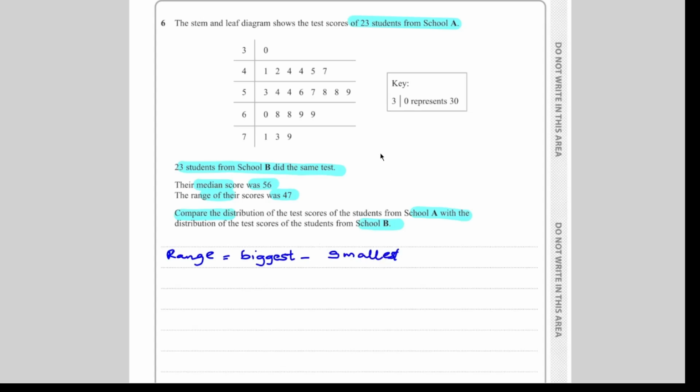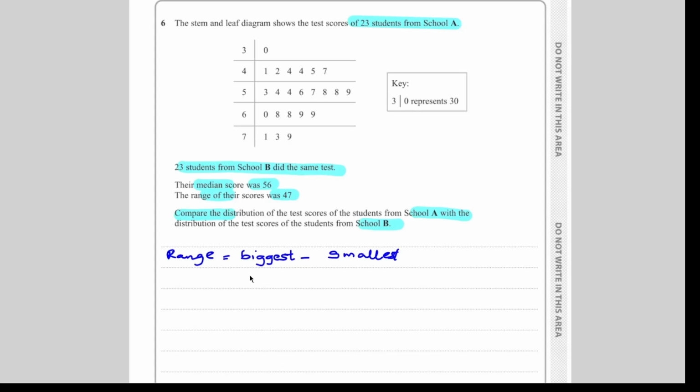Now, when you're using a stem and leaf diagram, the data has been arranged according to ascending order. So, if we consider this data, the first data point is your smallest data point. So, if I get this one, it is 30. Then this is your smallest one. Then if you move on to the last data point, it is your biggest data point, which is 79.